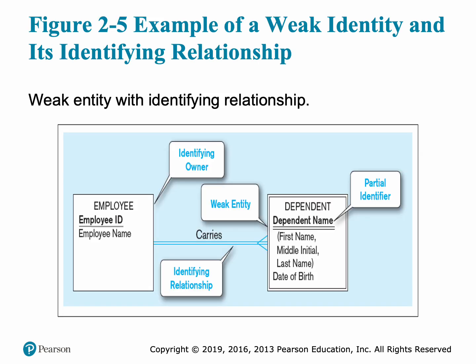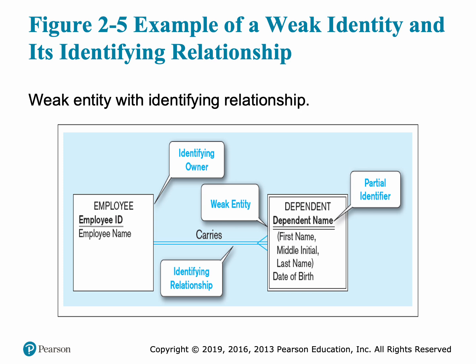The figure shows an entity relationship diagram depicting an identifying relationship between an identifying owner, the employee, and a weak entity, the employee's dependent. Note that the dependent's identifier is only a partial identifier. The full identification requires the identifying owner's identifier as well.